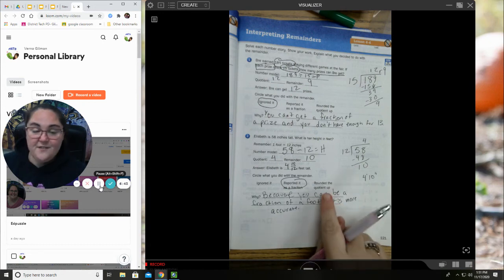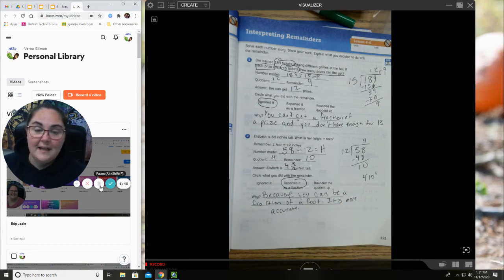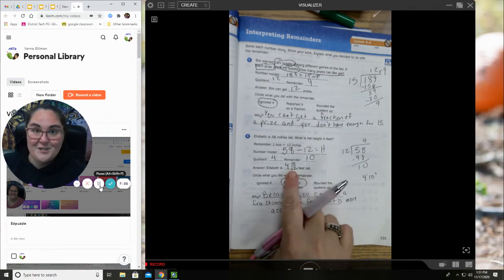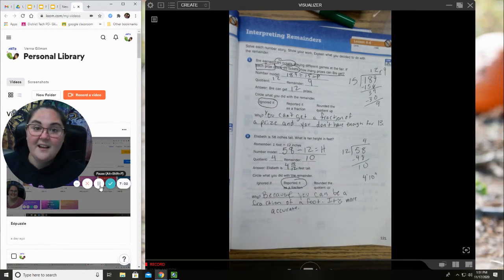So if I say that she's 5 foot tall and she's really not 5 foot tall, it could be a matter of her safety. She could fall out of the ride. Same thing if it says you have to be under 4 foot, and I said, well, she is 4 foot. She's really not. So again, that could be safety. Okay. So to make it more accurate, absolutely, that's part of it.